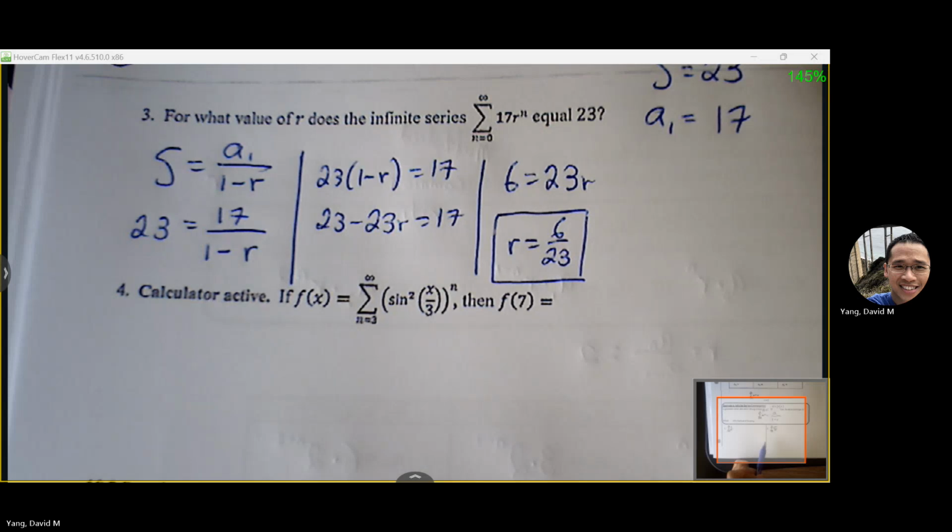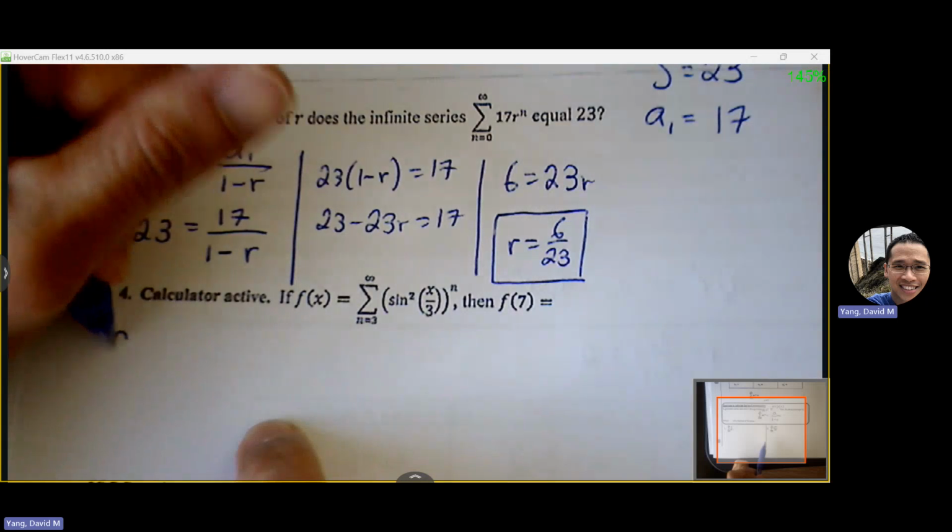Number 4, before looks a little messy, but let's start off by plugging in 7 for x, right? We can at least do that as our first step. Let's just see where that takes us.